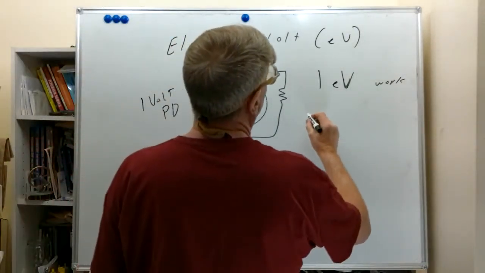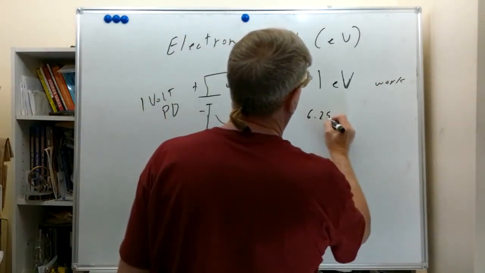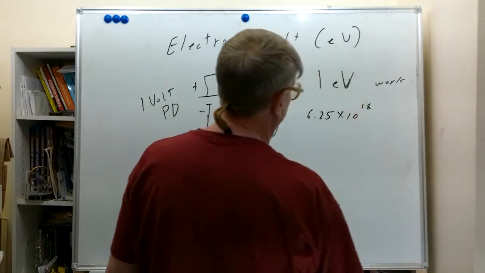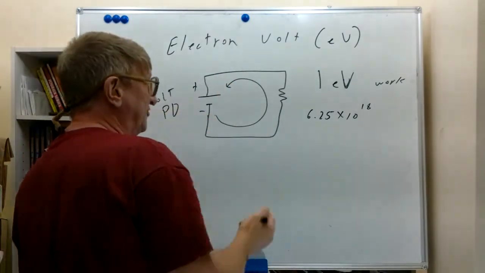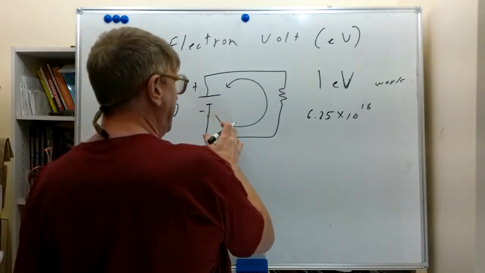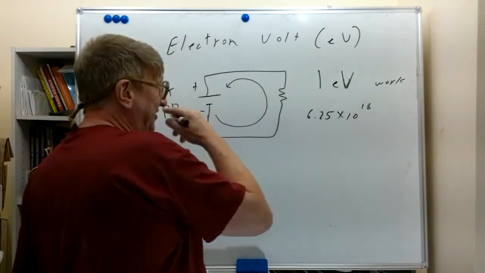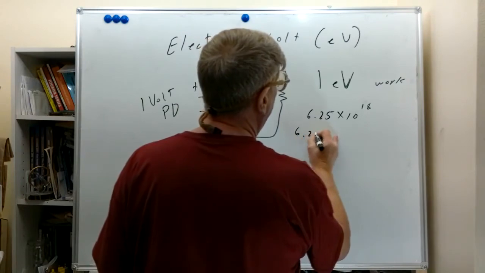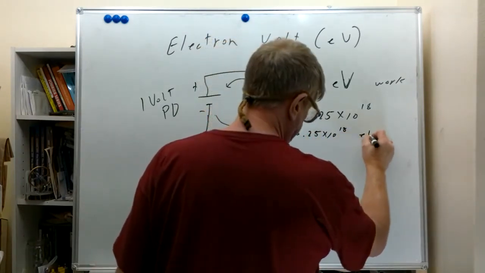Now if we move, what was that number? 6.25 times 10 to the 18th electrons, instead of a single electron, through that 1 volt potential difference, it's going to be 6.25 times 10 to the 18th electron volts of work done.